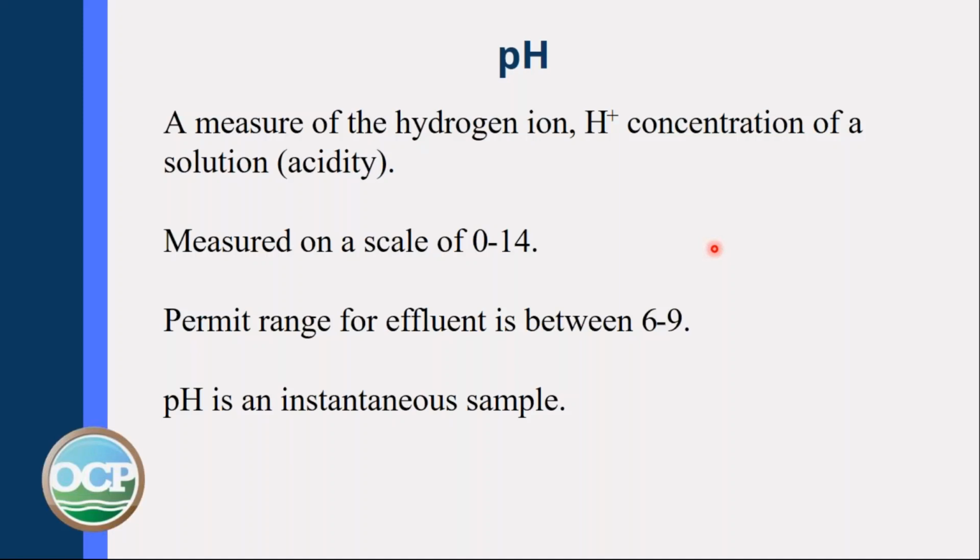The permit range for effluent is usually between 6 to 9, unless the permit might require something else. And again, like dissolved oxygen, it is an instantaneous grab sample. And again, like a DO meter, pH meters need to be calibrated certainly on a daily basis, and if they're not used for a long time, before each use.